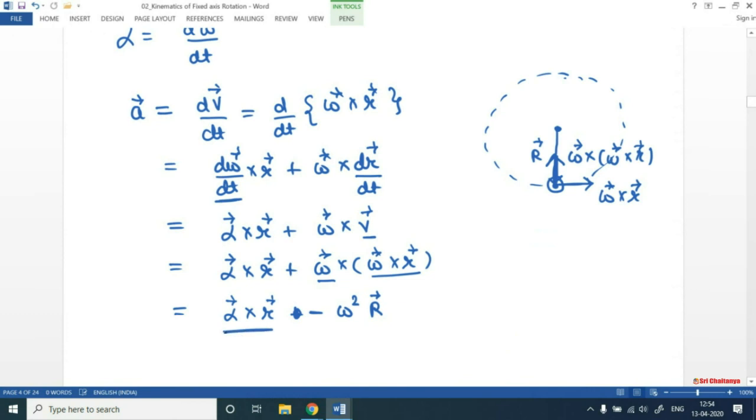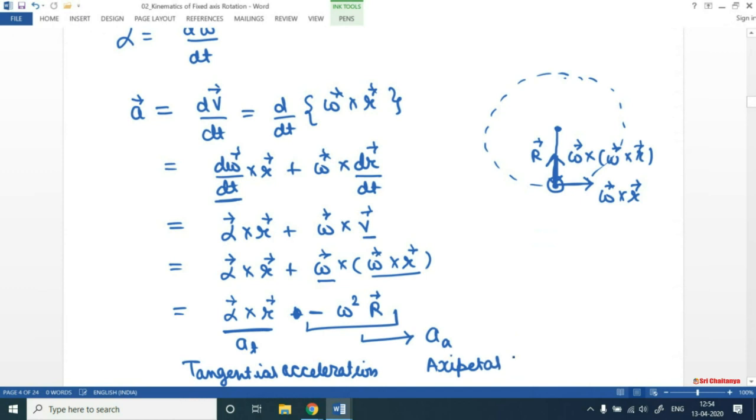So this here is basically the tangential acceleration, and this term over here is directed towards the axis. So this term is known as the axipetal acceleration.